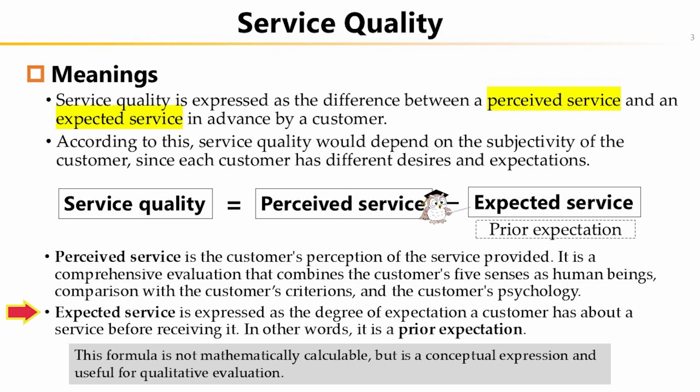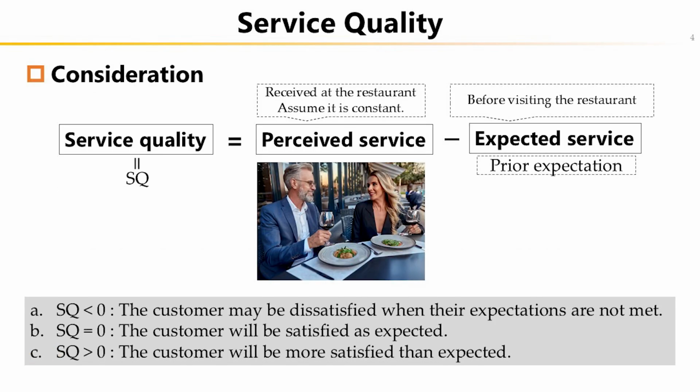The expected service on the right-hand side is expressed as the degree of expectation a customer has about a service before receiving it. In other words, it is a prior expectation. Please note that this formula is not mathematically calculable, but is a conceptual expression and useful for qualitative evaluation.